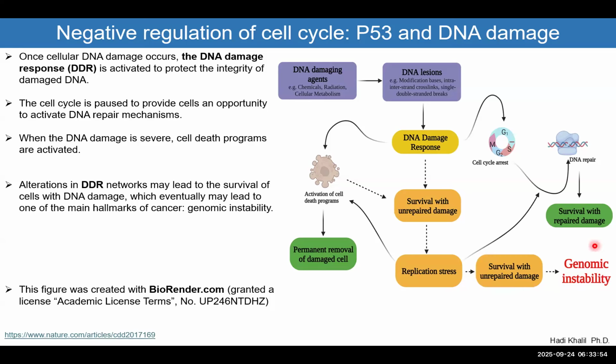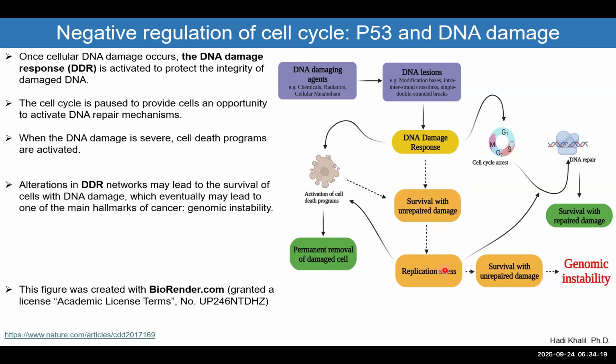And that is what causes the genomic instability. Okay? So that we described with p53. We have p53 mutation. If there's a mutant of that p53, then this process passes the check and it could lead all the way to genomic instability.